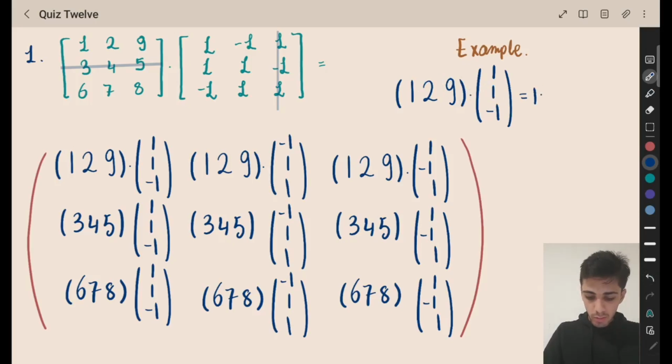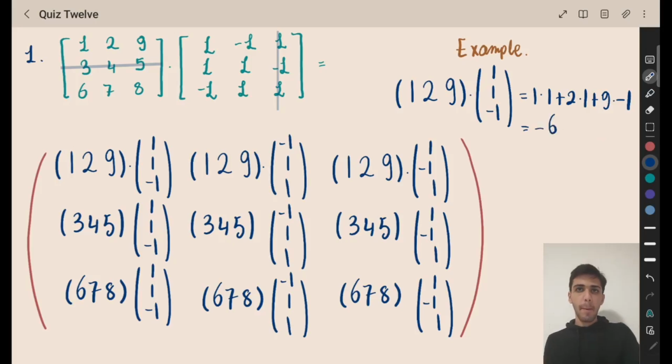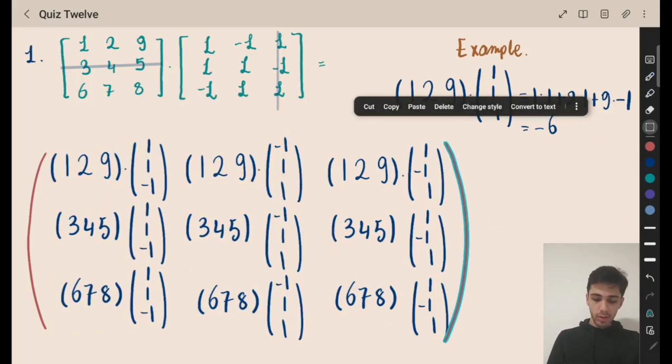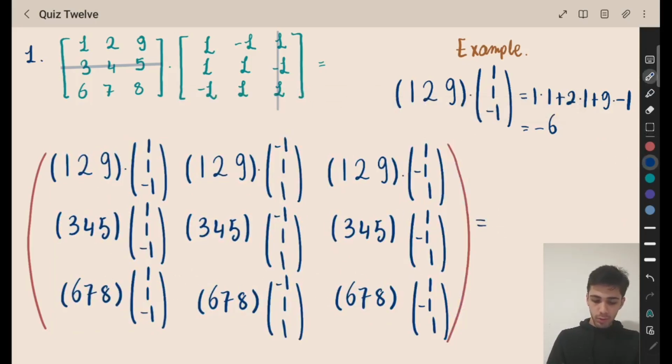You get 1 times 1 plus 2 times 1 plus 9 times -1, which is, I think, -6. You can do this for all the indices in this matrix, and you should get the following result.